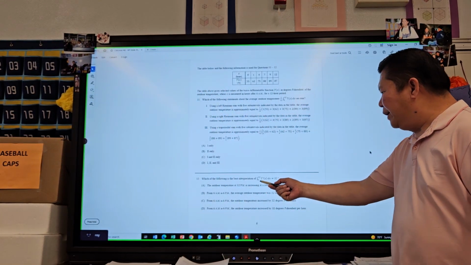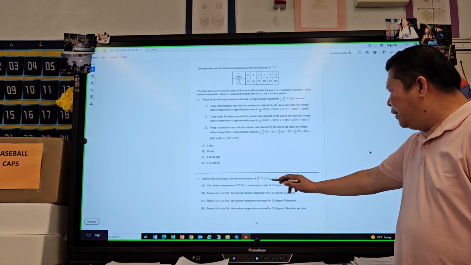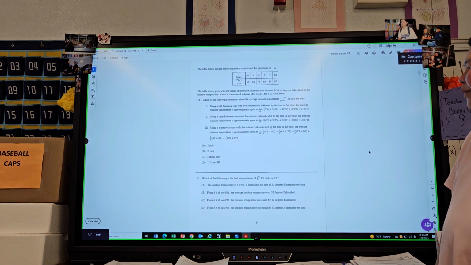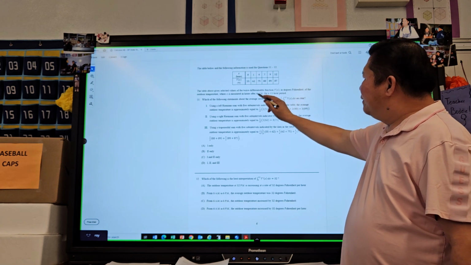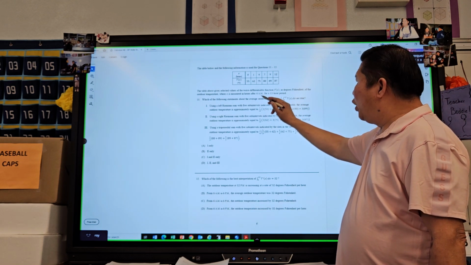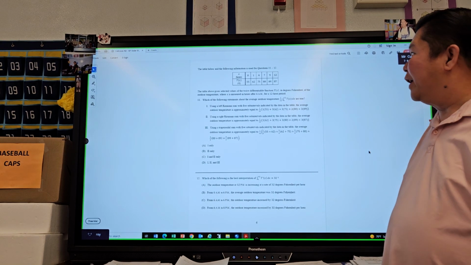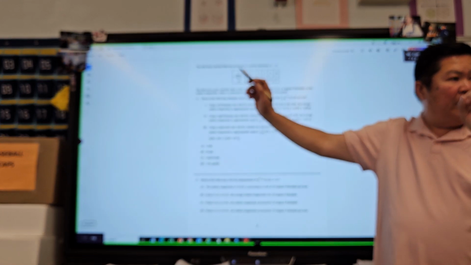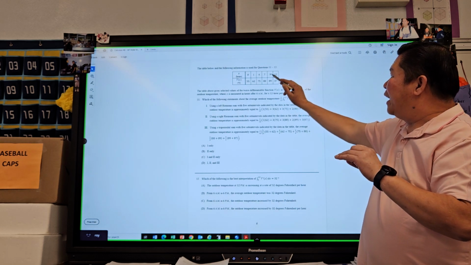Which of the following is the best interpretation of the integral from 0 to 12 of T prime of x dx equal to 32? Now remember, it starts after 6 a.m., so we consider this 0 as 7 a.m., and then next as 8, 9, 10, 11, 12.